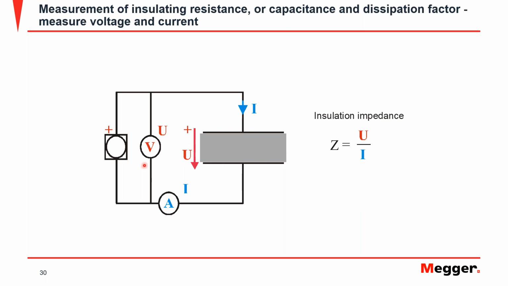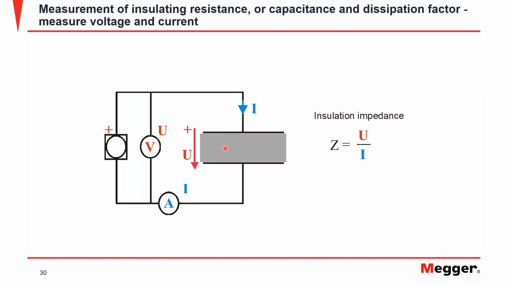You could apply either a DC or an AC voltage. If you're applying a DC voltage, then you're talking about the typical insulation resistance test. If you're applying AC voltage, then you will be talking about tests like power factor or dissipation factor, and that's a different test where you can measure things like the capacitance of the insulation, the dissipation factor, etc.